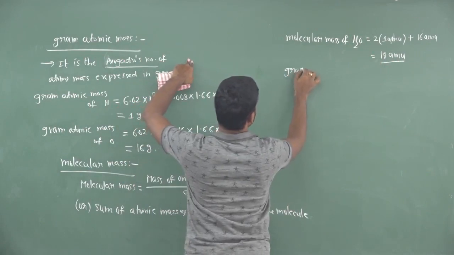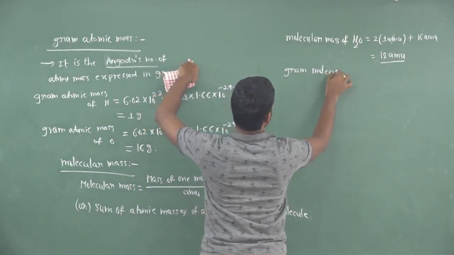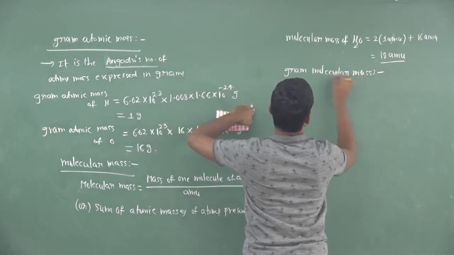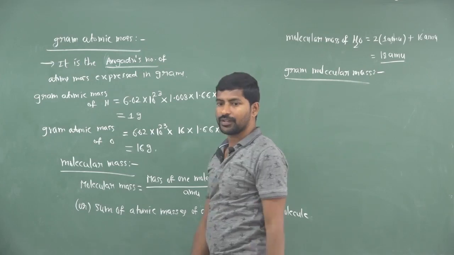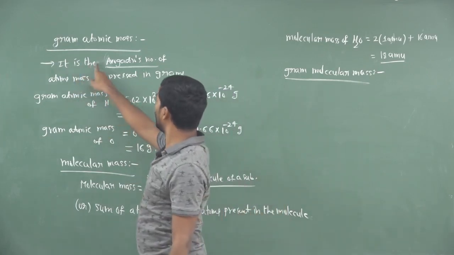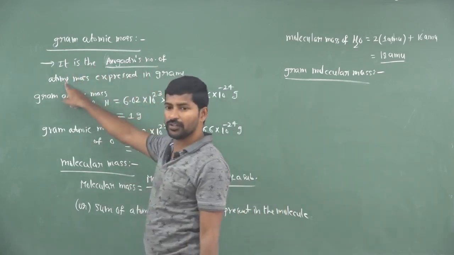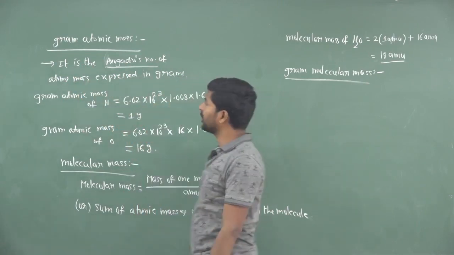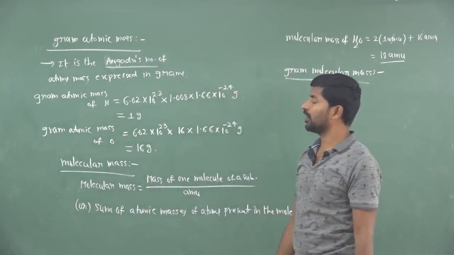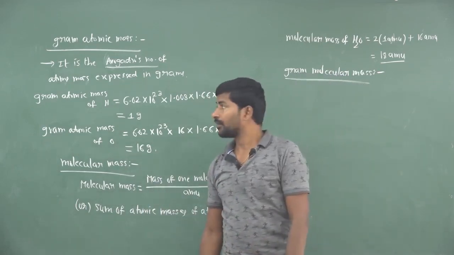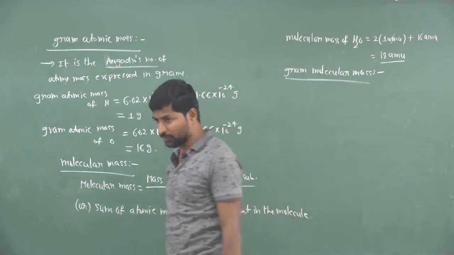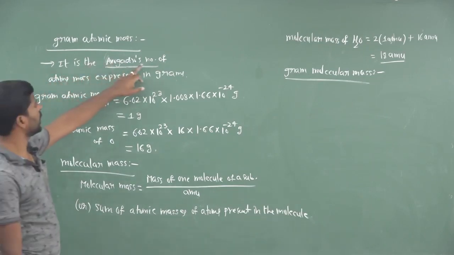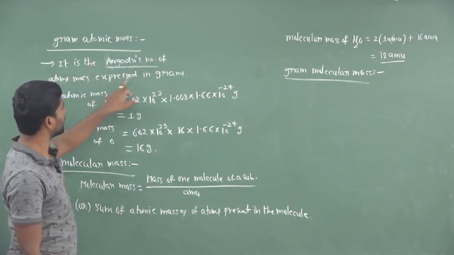Gram molecular mass is the Avogadro number of molecules mass expressed in grams.